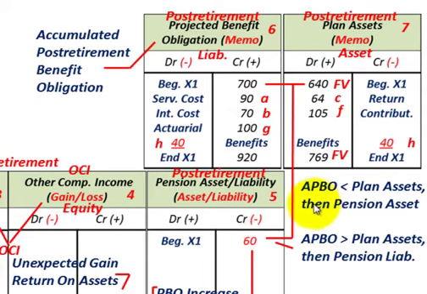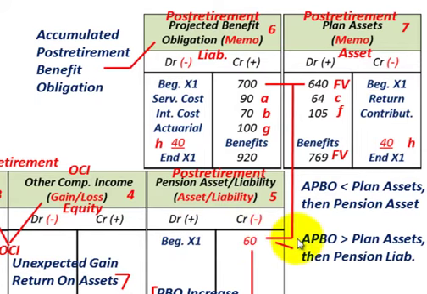So you just make the comparison. You look at the accumulated post-retirement obligation. If it's less than the plan assets, then you would have a pension asset. Well, that would mean up here instead of $700,000, it would have to be less than our plan assets, $640,000. Then we would be debiting or increasing our pension plan asset account.